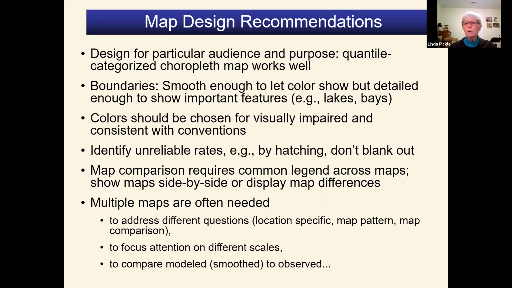Rarely will animation work unless you have a weather type map. Multiple maps are often needed to address different questions, to focus attention on different scales, or to compare modeled versus observed rates and other things like that.